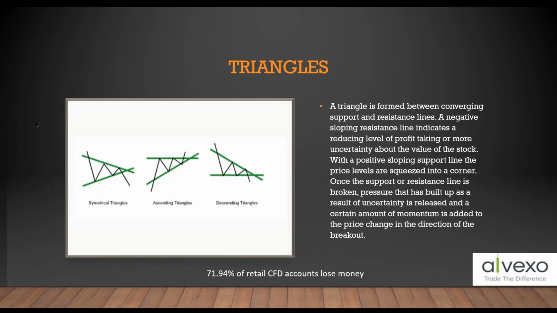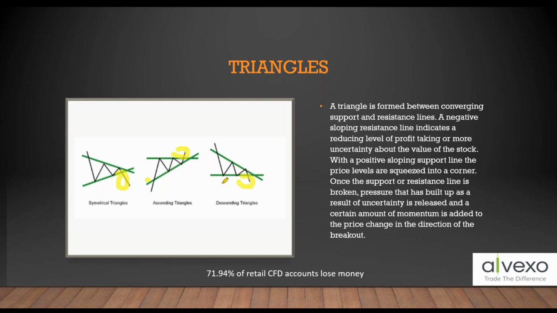And memorizing what it's supposed to do, whether it's a symmetrical, an ascending, a descending. The fact is, there's nothing you can do until price tells you what's happening. So the only thing you can do is wait for the breakout of the triangle. Okay.